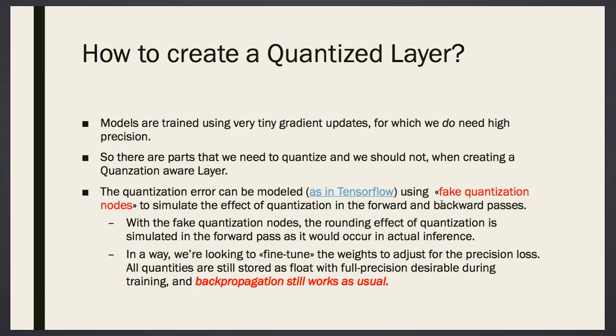With the fake quantization node, the rounding effect of the quantization is simulated in the forward pass. Okay, you are going to implement this for the forward pass. What about the backward pass? Well, actually, we don't want to change the gradient update. So the backpropagation will still work as usual, but at each iteration, when we calculate weights, we're going to quantize them.